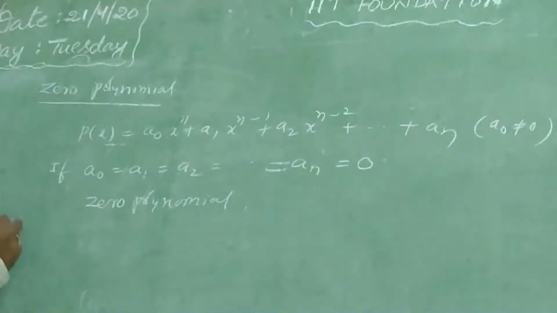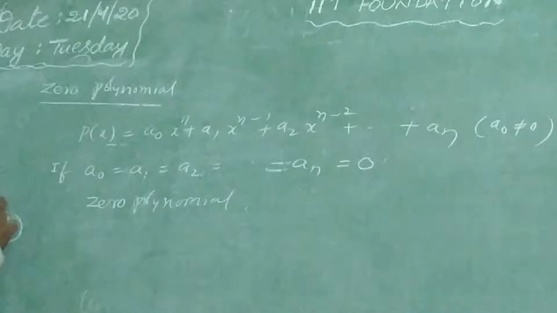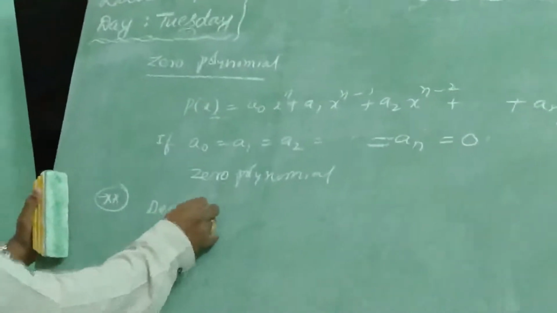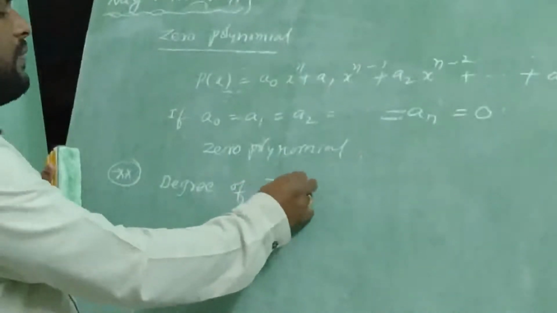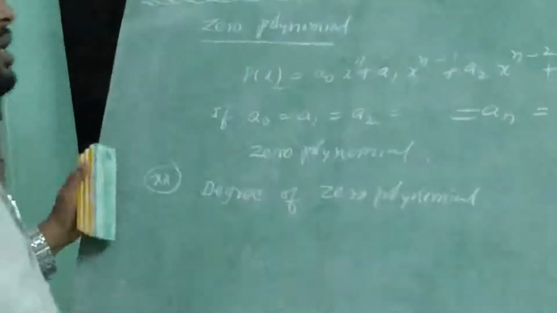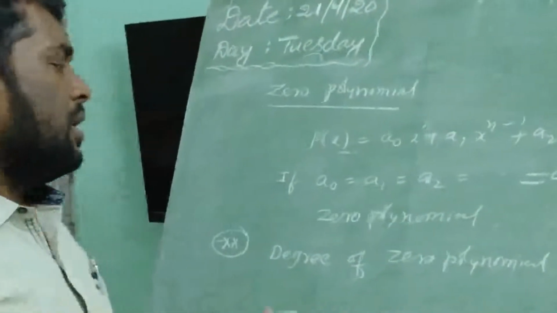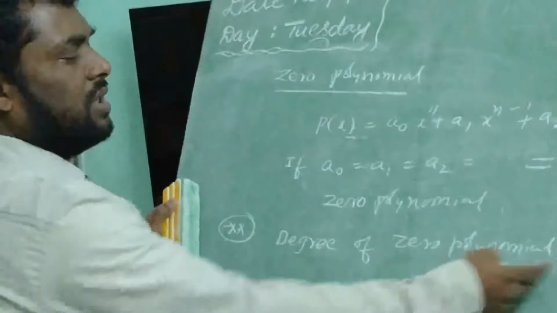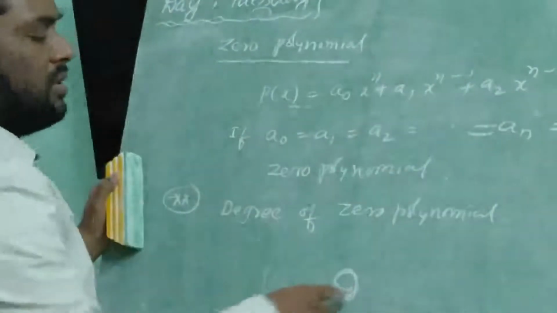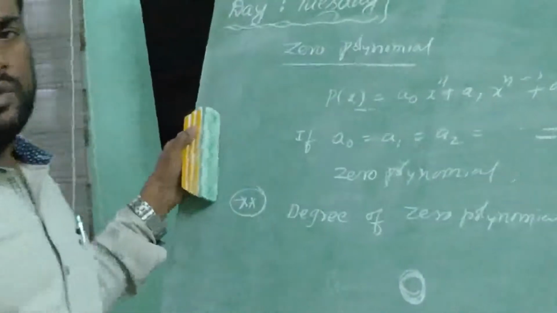So I am asking a small question, and this is a very important question in competitive examinations. What is the degree of the zero polynomial? Can you define the degree of the zero polynomial? The value of the zero polynomial is 0. Can you define the degree of 0?